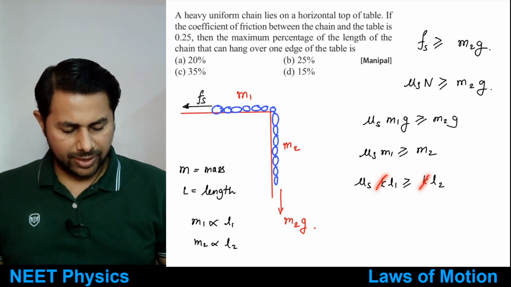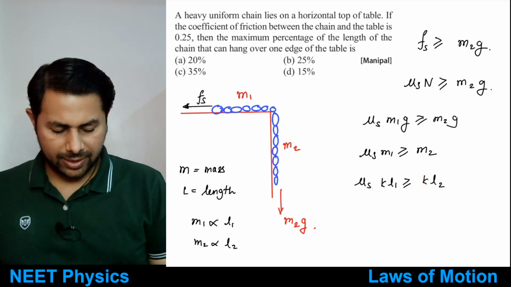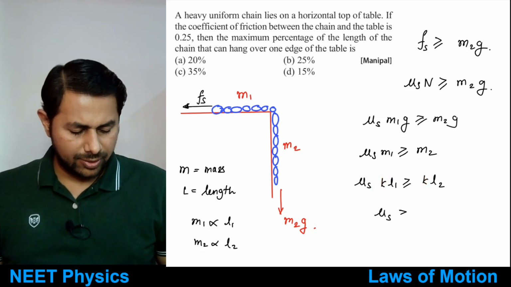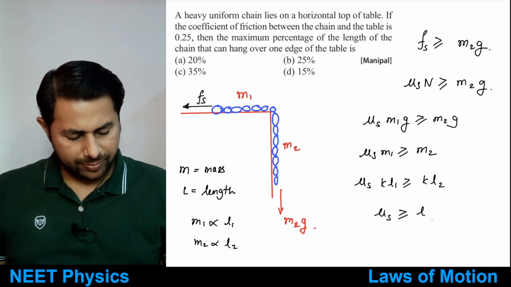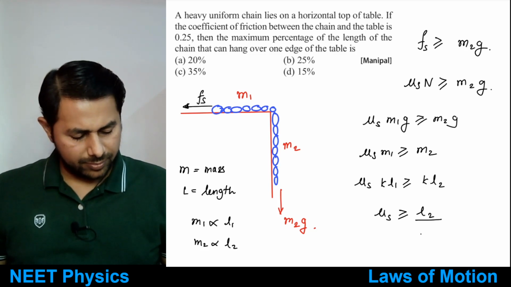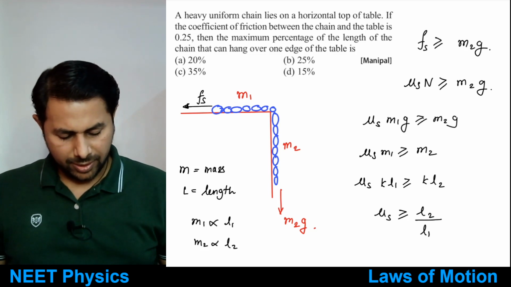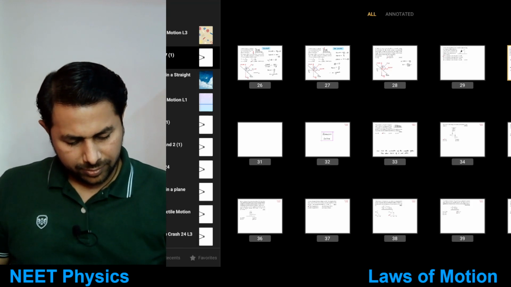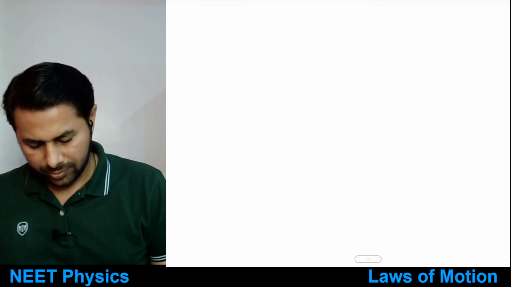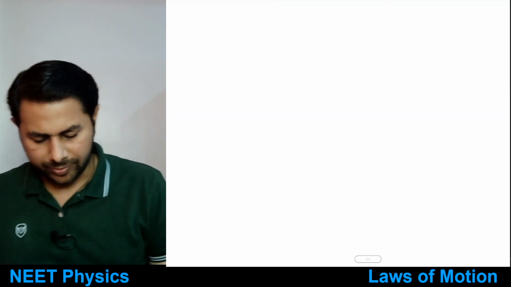And then you can cancel out k, and take L1 to the other side. So μs is greater than or equal to L2 by L1, right? How much is μs? μs is 0.25.